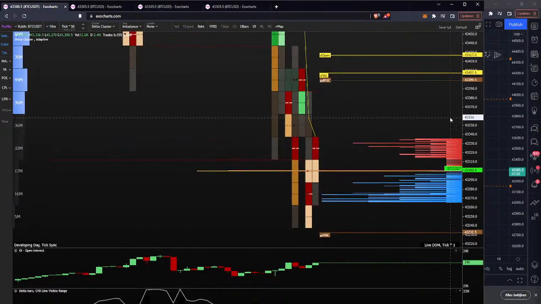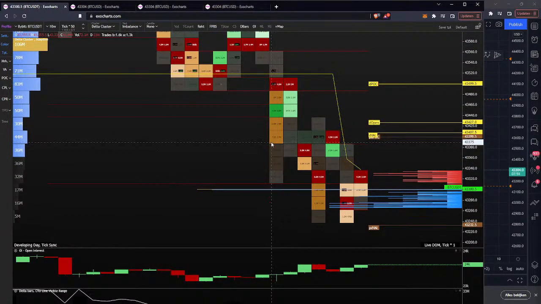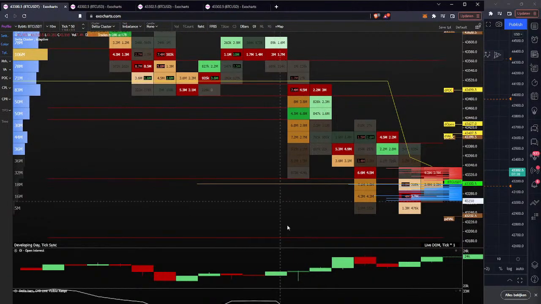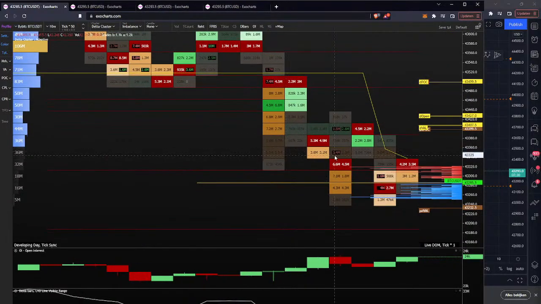And why is that? That is because we saw a lot of shorts opening. Right here we saw a lot of positions. That's a 72 million candle with negative 23 million delta, but it's more or less balanced between new positions and closing positions.